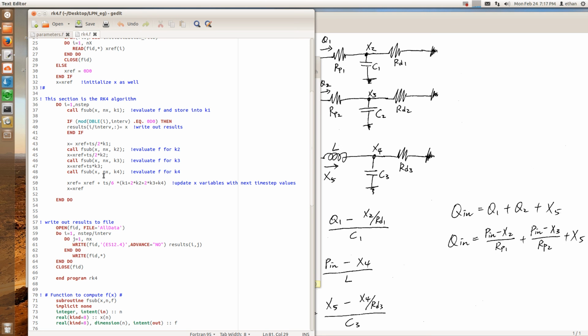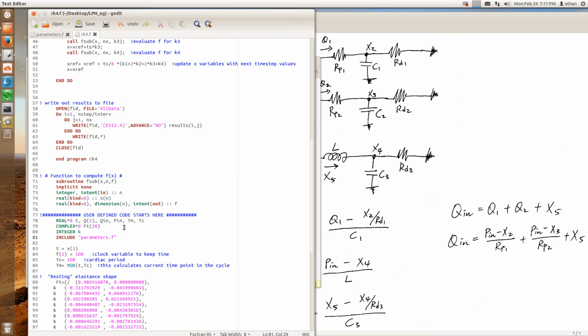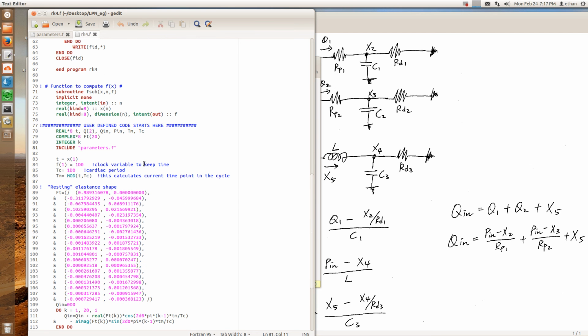Okay, and then it's included in this file here. You don't have to change this. This is the variable that we're using to keep time. So we're using the first variable x1 as our time variable. And then here you set your cardiac period.